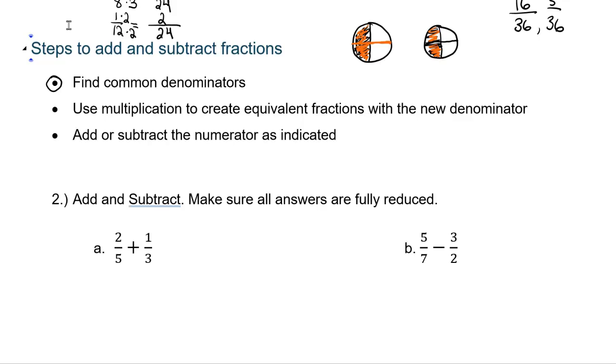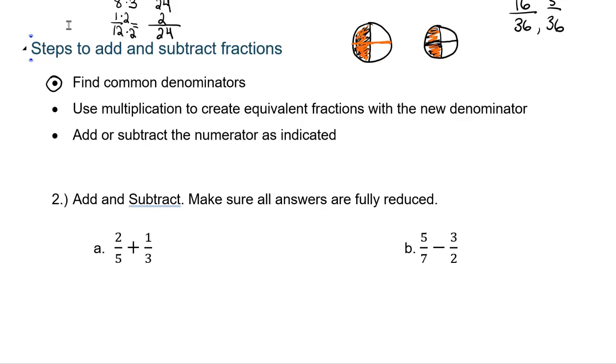And then you add or subtract the numerator as indicated. So once you have your common denominator, it does not change. You're only adding or subtracting the numerator. And I will show you a little strategy that I do within my process to help myself not add or subtract the denominator. Because remember, you've just cut 2 pies into that number of pieces. And so once you have it, those pies are always cut into those same number of pieces.